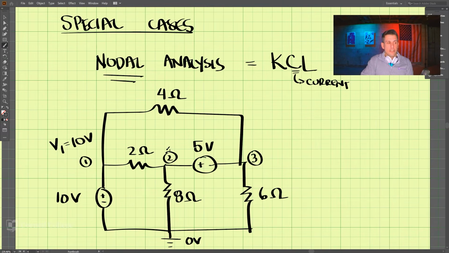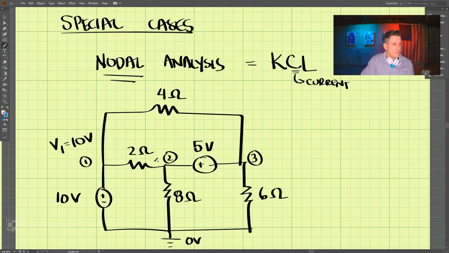Now, in between 2 and 3, we have a voltage source. So we need to figure out, how do we do this? So I'm going to draw current here because we're doing KCL.